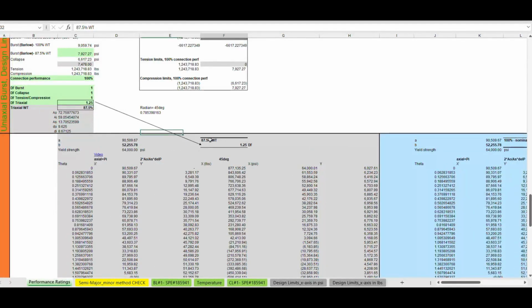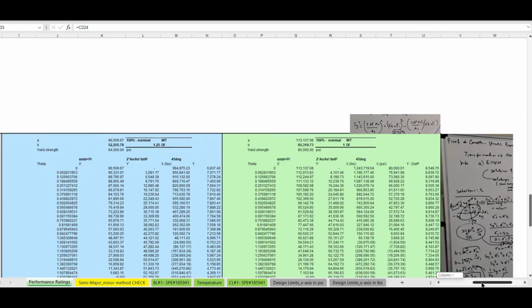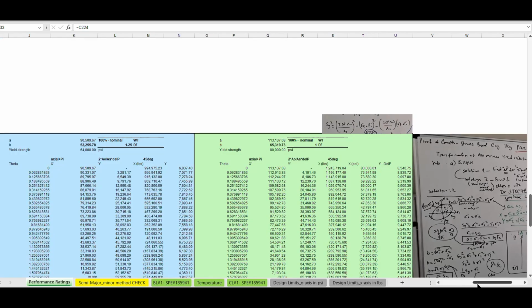In the first column, I have a wall thickness of API tolerance, including 7.5% and the 1.25 design factor, so that your yield strength is 64, which is basically 80 divided by this one. However, I used this column to plot against my triaxial, because I used 100% wall thickness, which is basically nominal, and the 100% one design factor of triaxial in my burst and collapse ellipse.